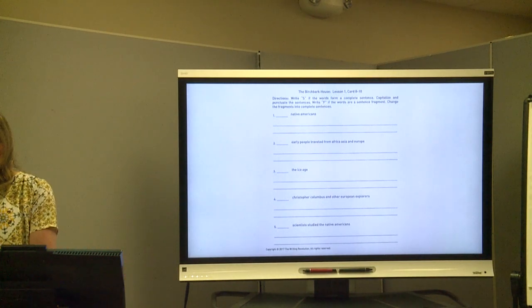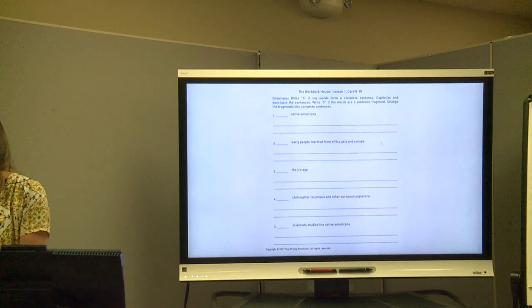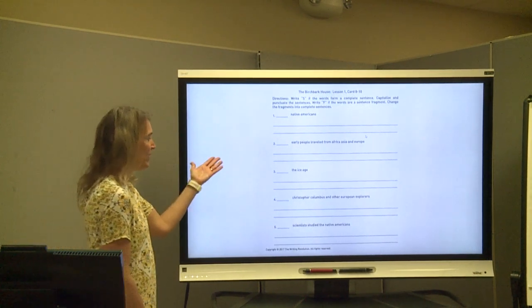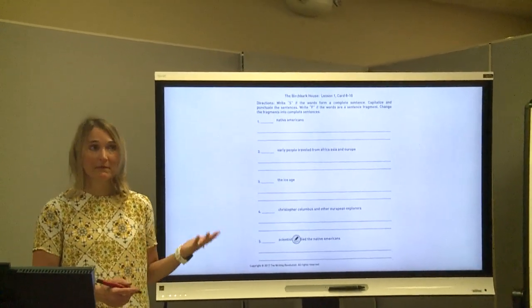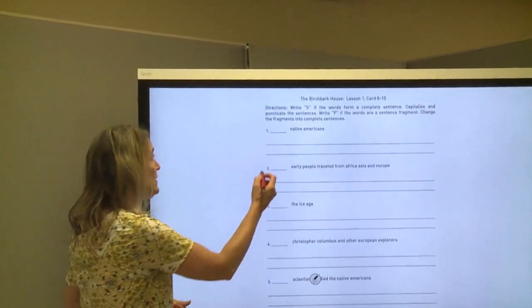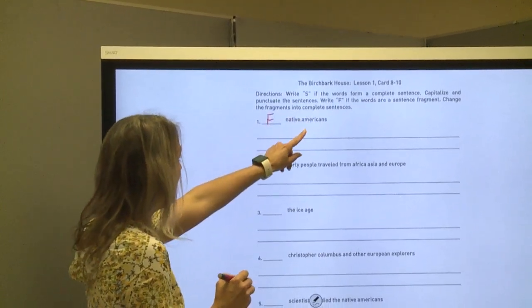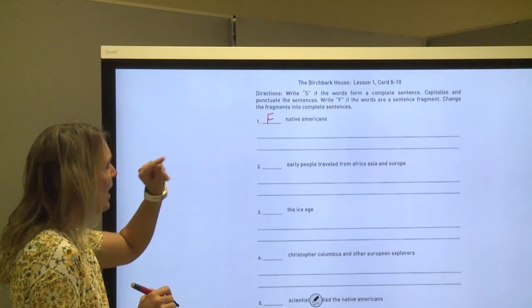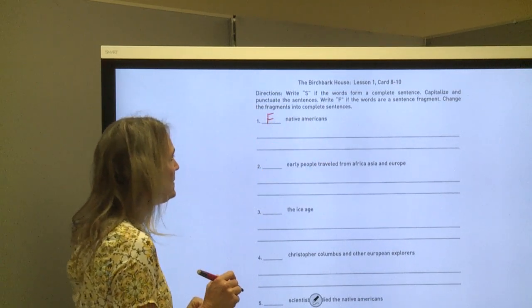So, as we look at these, again, I'll just do a few of them, and you will see we have Native Americans. Is that a sentence or a fragment? Native Americans, what? We don't know. So we're going to say that this is a fragment. Okay, we write F, Native Americans. Well, now it says if it's a fragment, change it into a complete sentence.